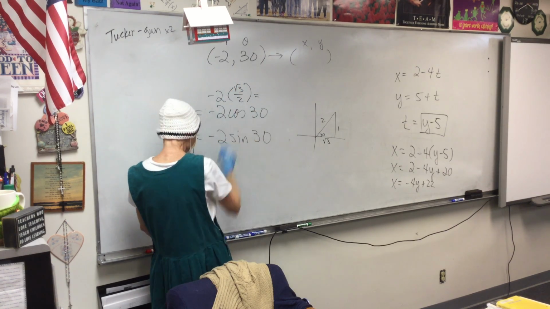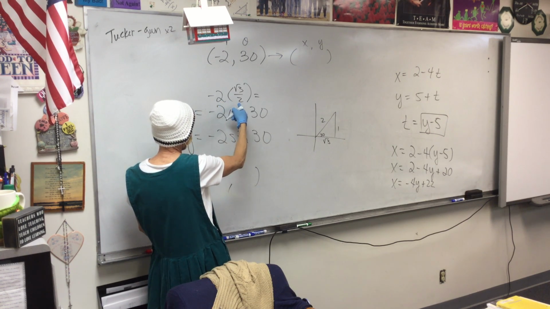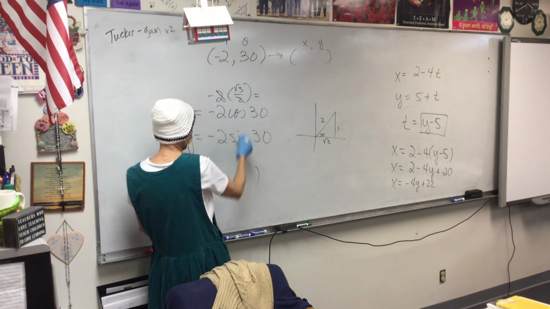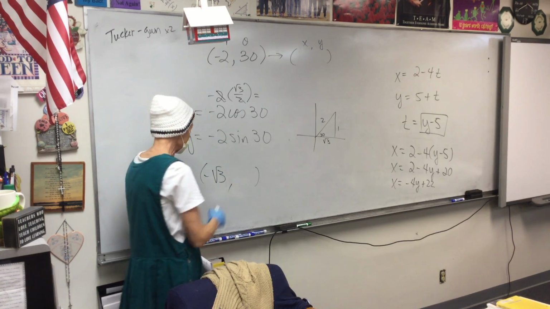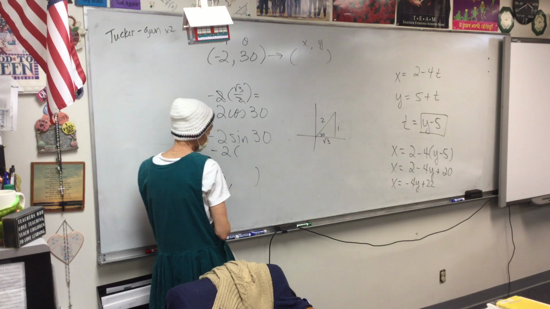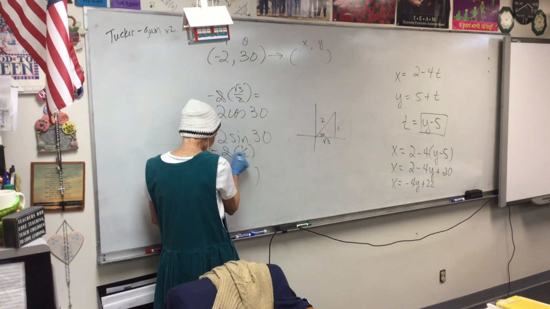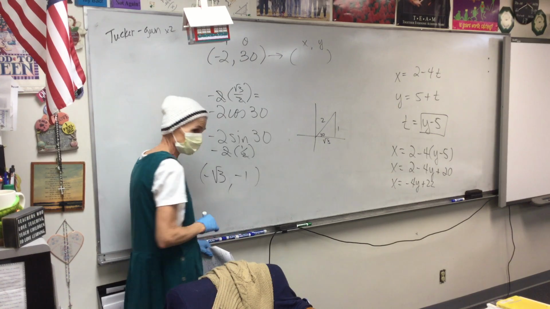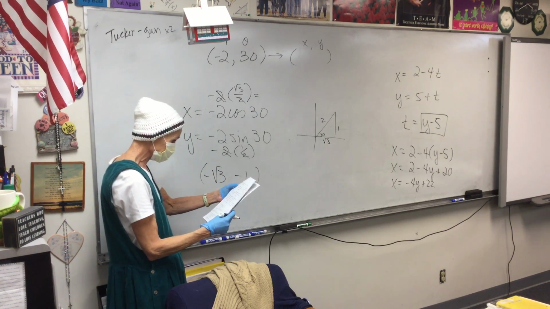So what's our x coordinate? The 2s cancel, so it's negative root 3. What's the sine of 30? One half. So it's negative 1. There are your rectangular coordinates.